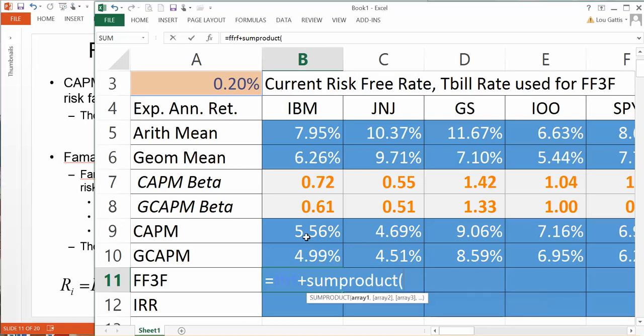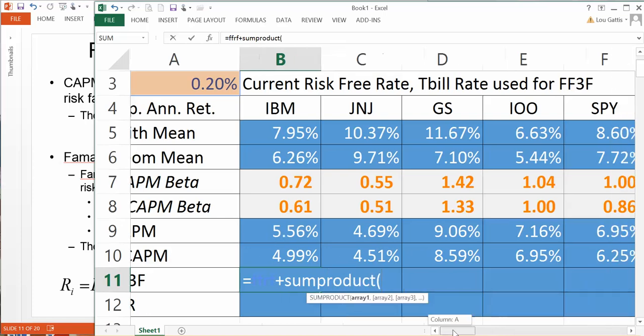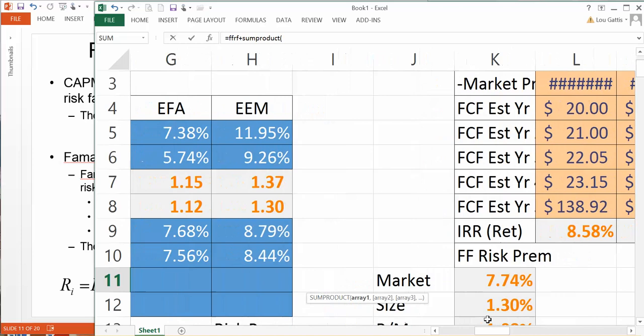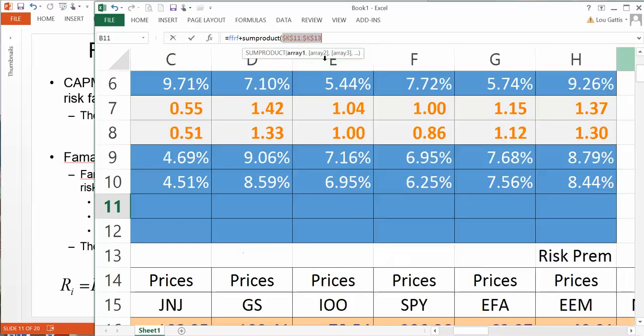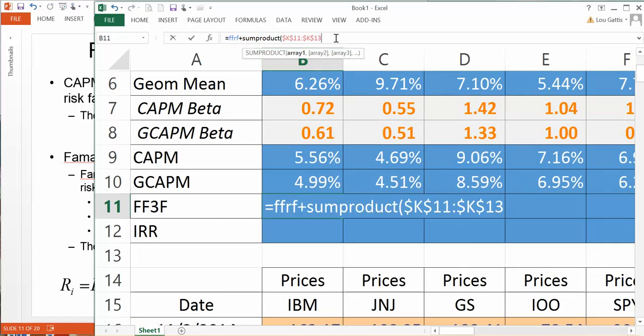It's going to be the sum of the product of some numbers. I'll take those risk premiums. I'm going to anchor those because I want to use this formula later. And I'm going to grab the three betas.